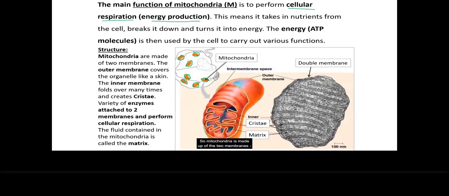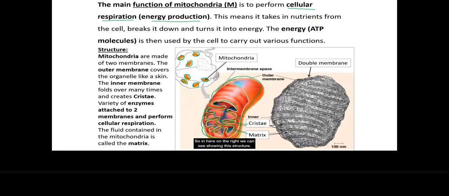So let's start with the structure of the mitochondria. Mitochondria are made up of two membranes, one outer membrane in here, and the other, the inner membrane, which has a lot of folds. These folds are called cristae. And the fluid inside, inside of the mitochondria, is called the matrix.